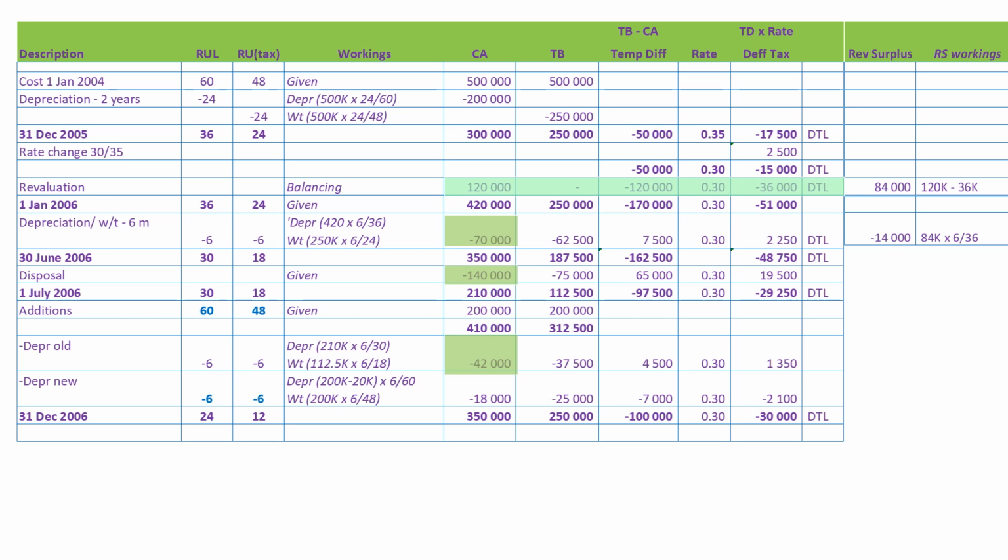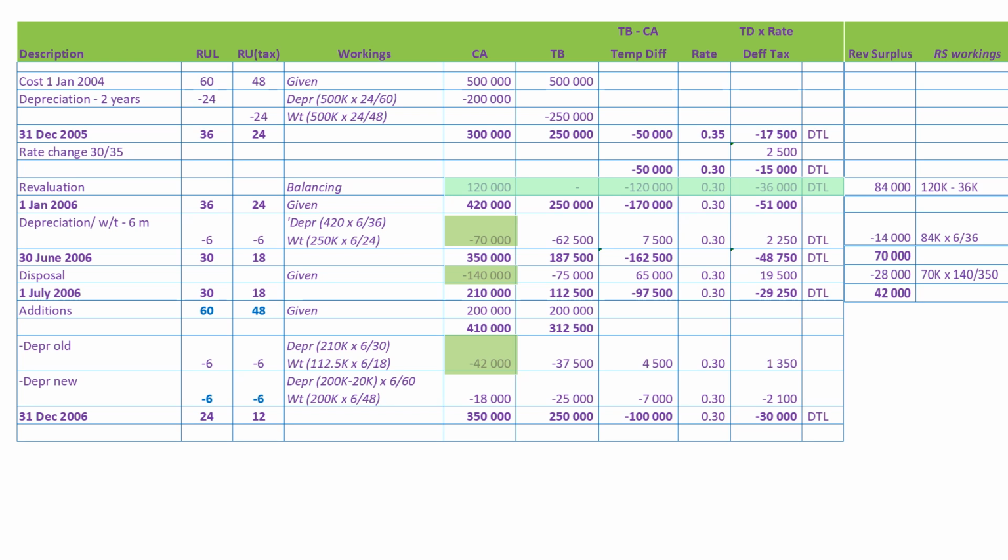Thereafter, from your disposal of 140, what part of that 140 pertains to a reval surplus? To calculate that, you take your subtotal of 70 multiplied by 140 over 350 to give you 28,000. Your new reval surplus subtotal as at 1 July 06 is 42,000.